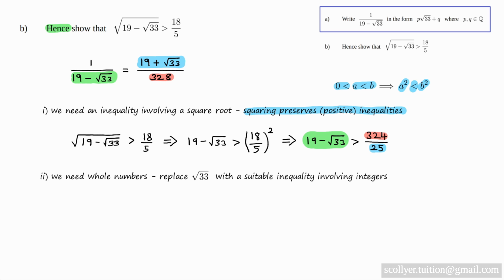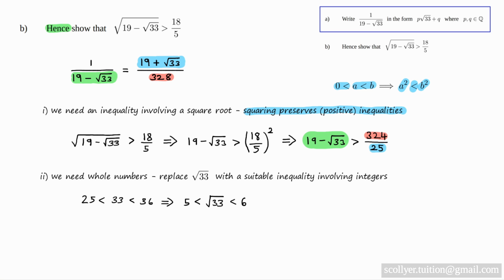Now, in the inequality that we have to prove, we need whole numbers, so we will have to replace root 33 with some suitable inequality involving only integers. And to do that, we note that 33 lies between the square numbers 25 and 36. And on taking square roots, we see that 5 is less than root 33 and root 33 is less than 6.